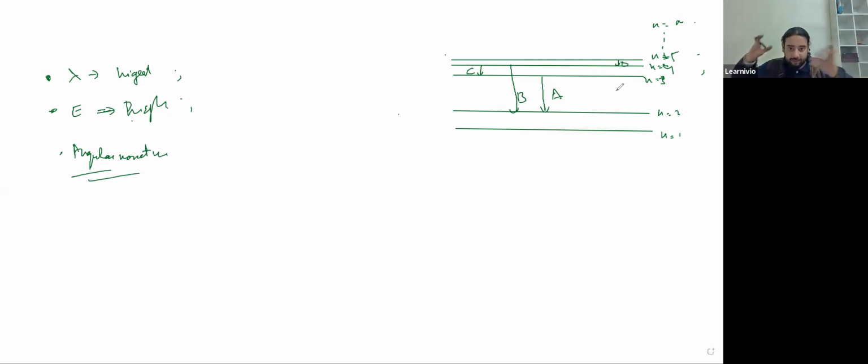Obviously, there's no angular momentum when talking about transitions, right? So for transitions, I just want these two, which will be the highest lambda and the highest energy, among A, B, C, D. Just tell me the energies. You can kind of find out the lambdas from there.